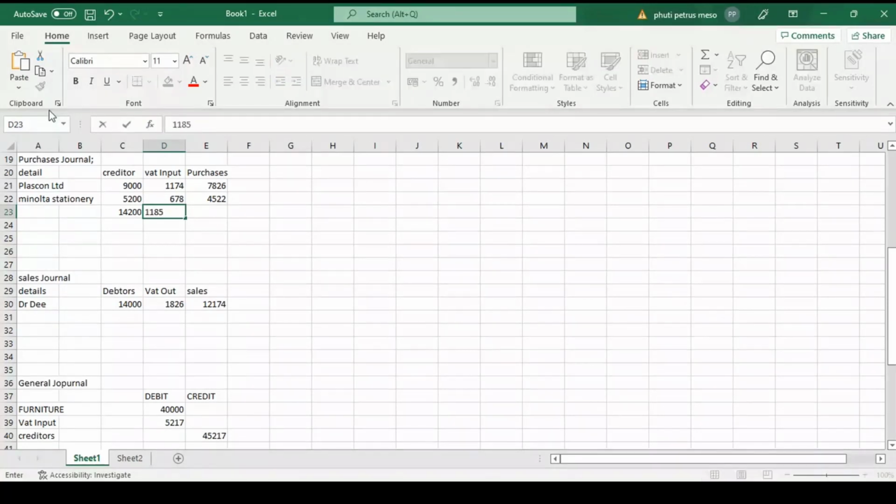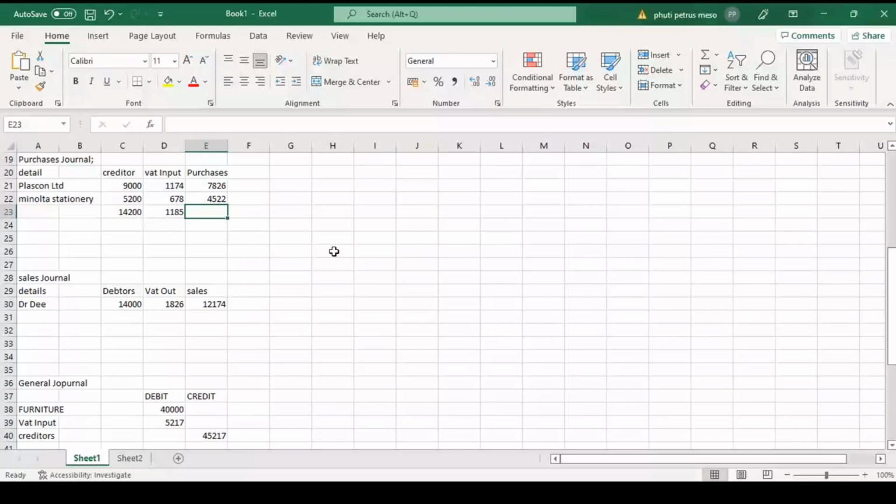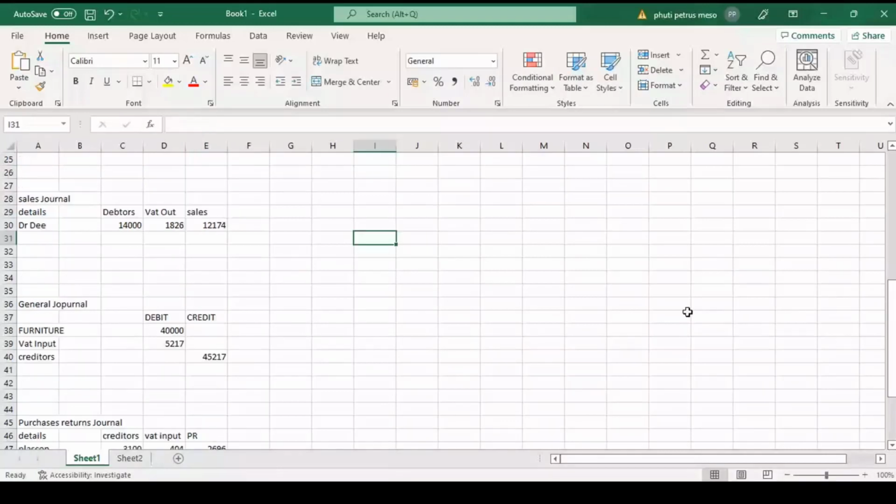We have 7826 plus 4522. Then you're going to have 12,348. It's 12,438. Okay, and then you still do the same thing again. Highlight, make sure that they are actually on your totals. Here, your totals will be like this. They won't change.